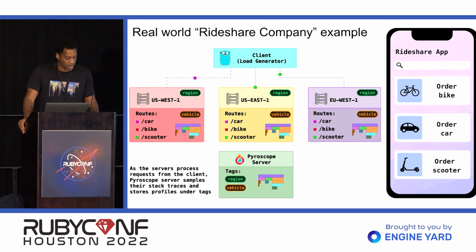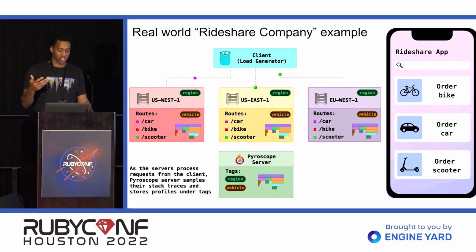So yeah, now I will, in the time left, go through a couple of examples. The first one I'll go through is a real world example that shows what I was talking about with the ability to understand tags and to break down profiles. I'll show it with a Ruby application.